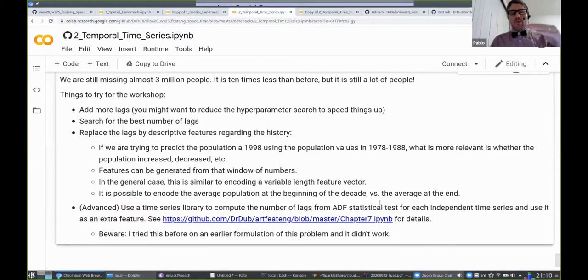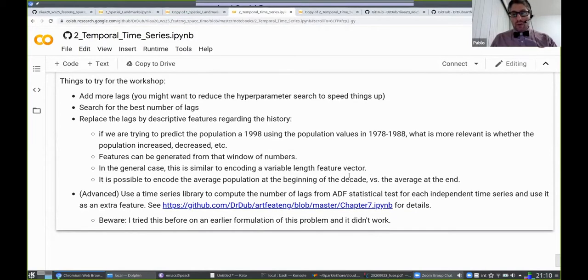It was going up, it was down, it was an AR1 process, it was an AR2, and then you add a feature just with those numbers, with the P and the Q. And depending on the machine learning system you're using, it may be able to profit from that information to build the whole system. If you want to see an example of that, that is in chapter 7 of my book, and you have the whole IPython notebook, and you can see there the libraries used and stuff to do those tests.